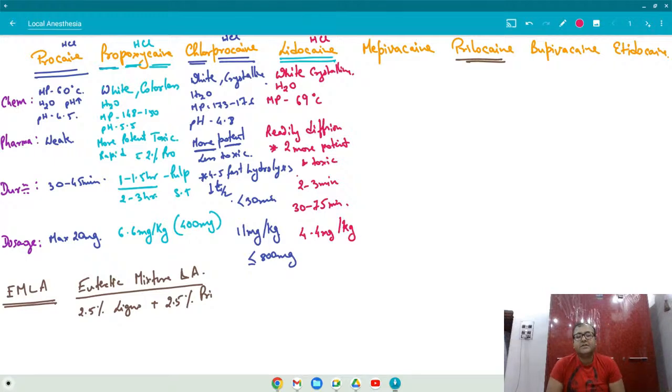If we have a 70 kg individual, you have to calculate how much it should be. 7 fours are 28, so it comes to 308. So you can use 308 milligram.